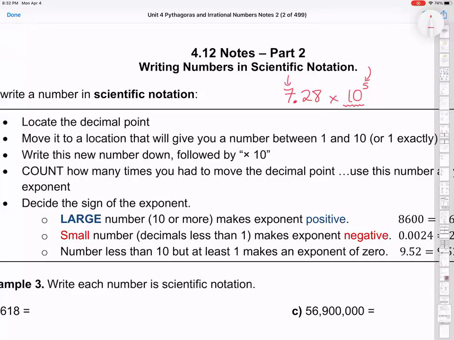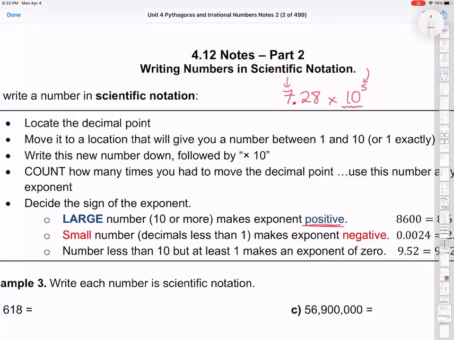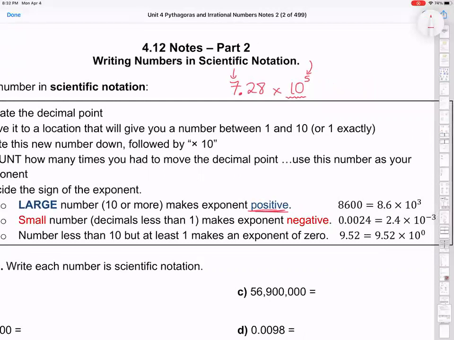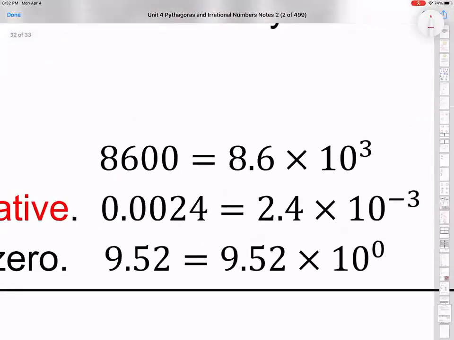Now, if it's a really, really large number, this is where we see those positive exponents come in. And here's a prime example. 8,600 is going to be rewritten as 8.6 times 10 raised to the, see that it's a positive 3 there, because we originally had a very big positive number.